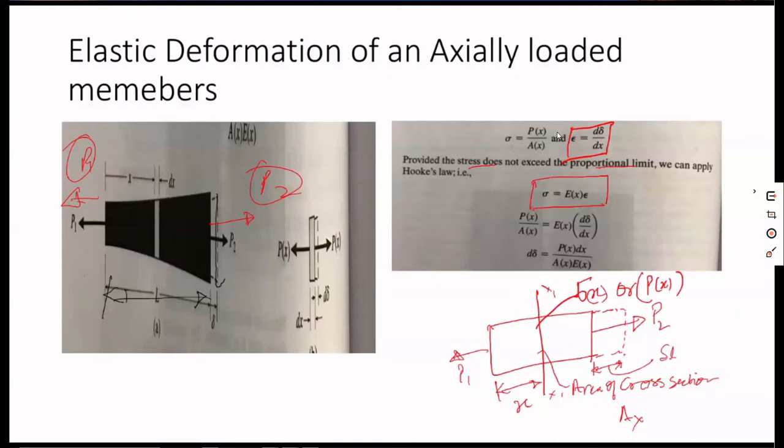So my strain will be delta L upon dx, with respect to the length dx. So my deflection delta will become Px dx upon Ax into Ex. Now based on this formula, we will see actual examples.